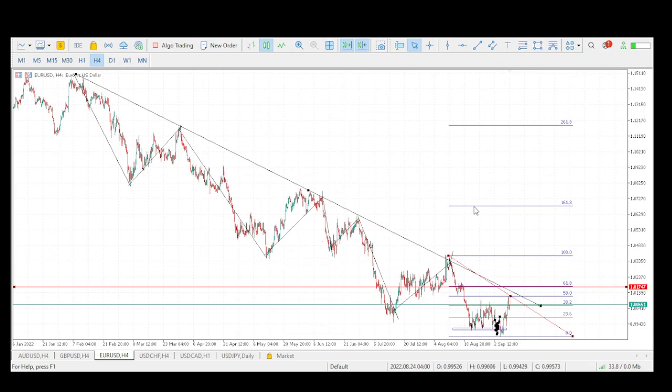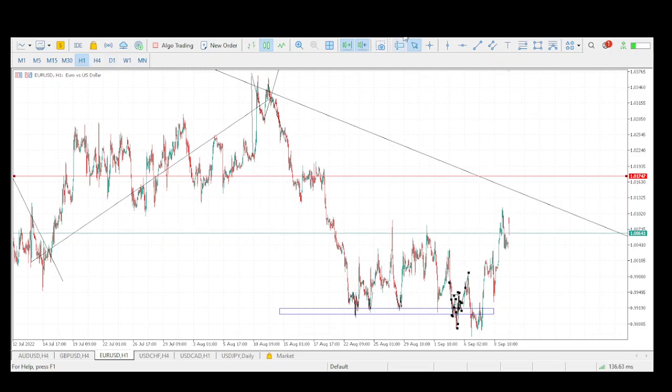For this week we are selling EURUSD. So this point is our 61.8, which means the price is yet to get to this. By anytime price gets to this zone, let me come to 1 hour to see clearly.